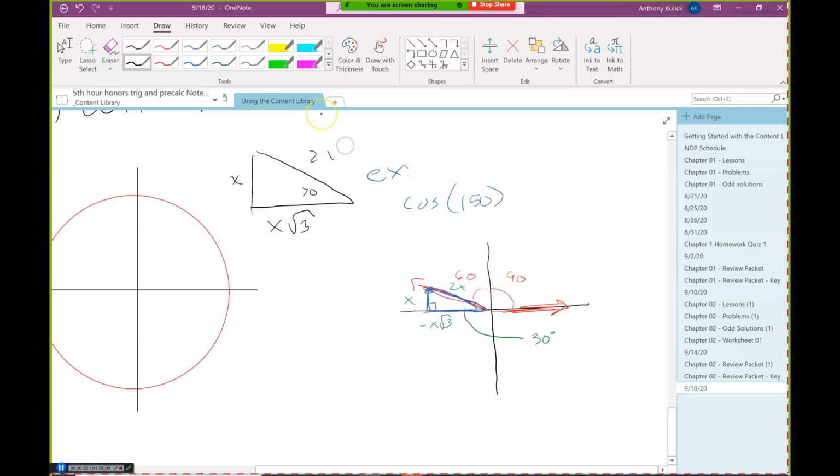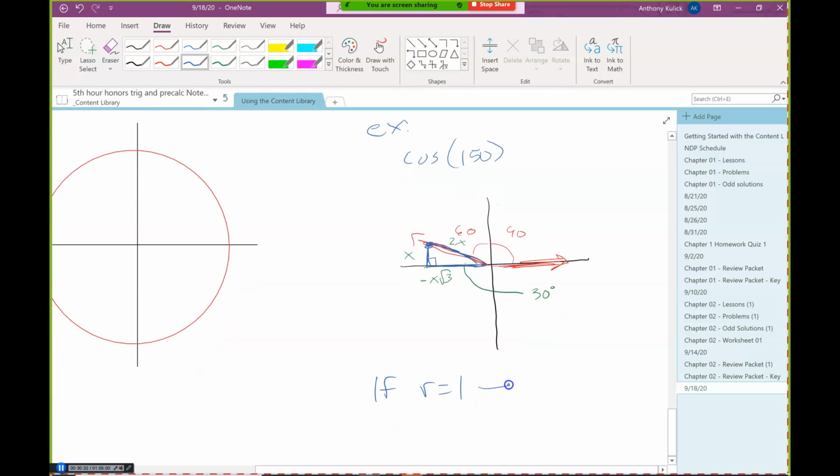Now, I'm going to erase this here. If the radius is 1, that implies 2x should equal 1, right? Everybody agree with that? Or in other words, x is 1/2.